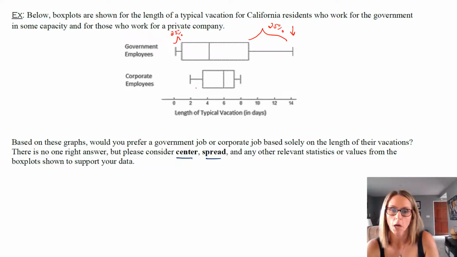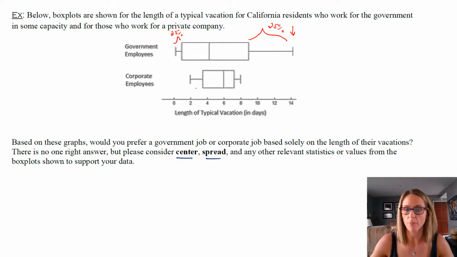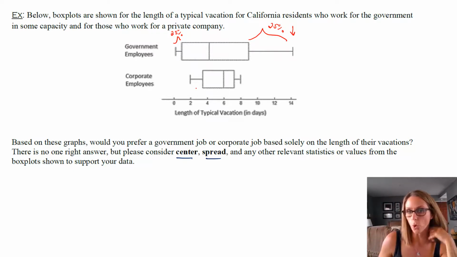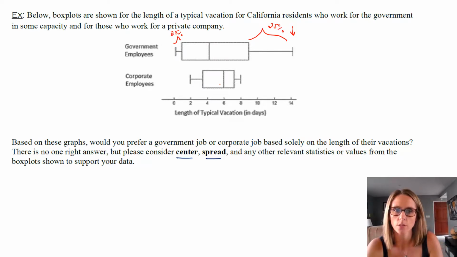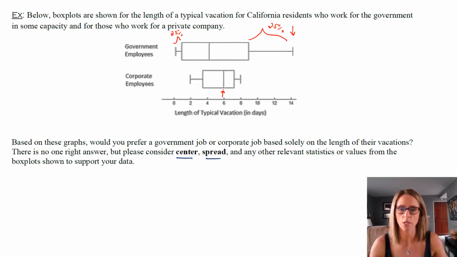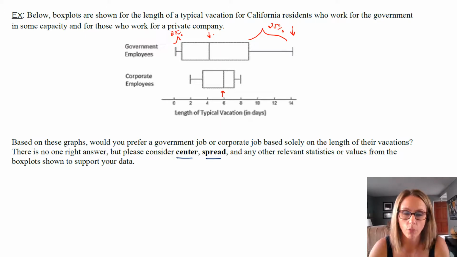You can see that 100% of the corporate employees have between 2 and 8 days. So essentially you're guaranteed some aspect of vacation being a corporate employee. And this tells us right here that the median amount of time, length of vacation for the corporate employees is 6 days, whereas the median amount of vacation days for government looks to be 4.